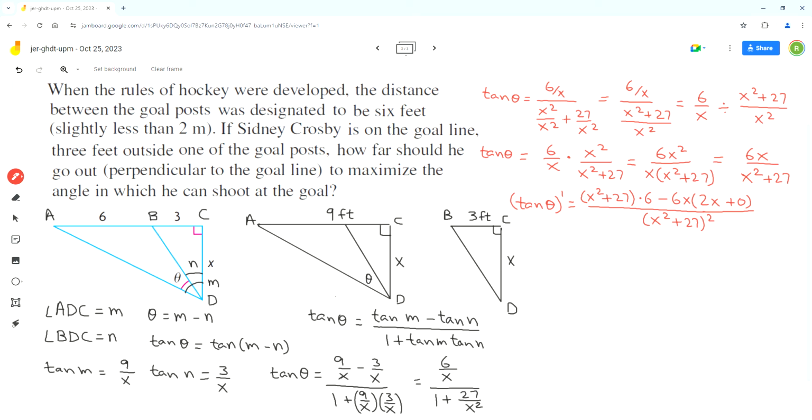Now we can set this derivative equal to 0. We can simplify the numerator expression. So we can distribute the 6 into the parentheses. And 27 times 6 is equal to 162 minus 12x squared.